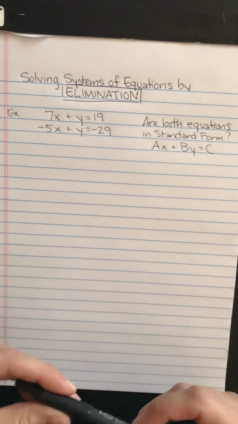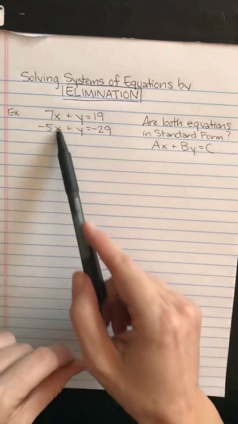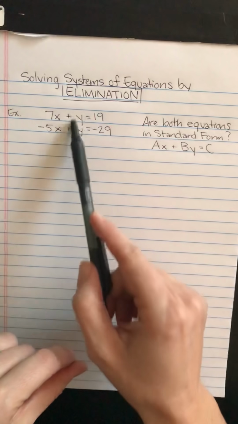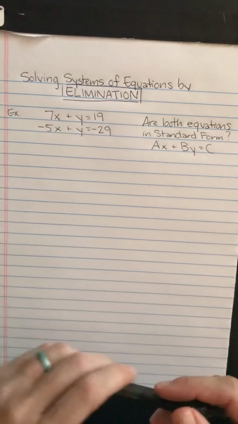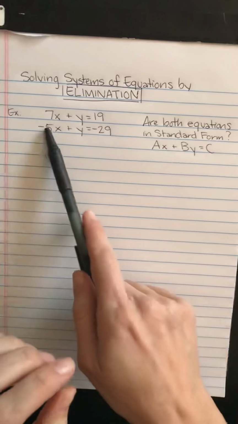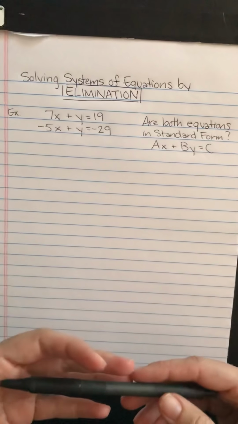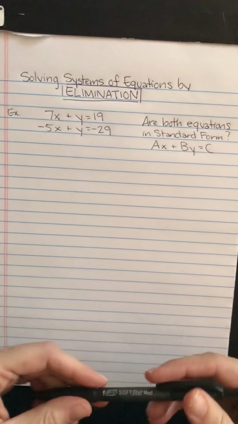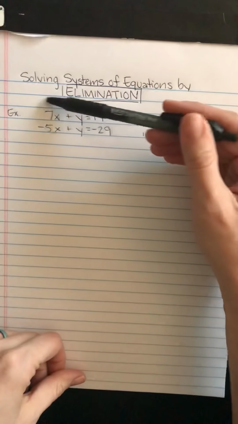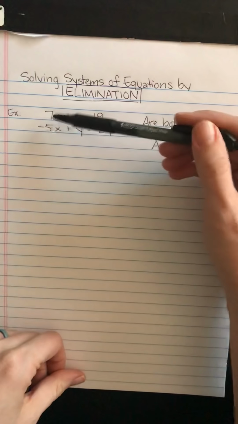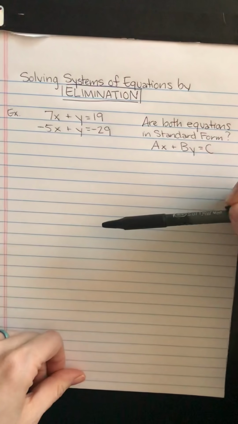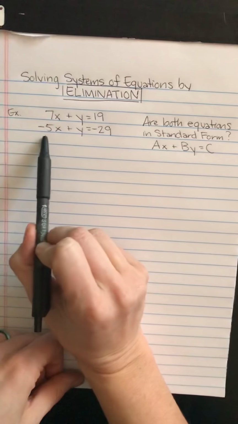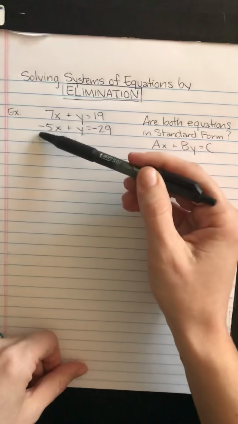So the first thing we're going to do is look at our x terms and our y terms, and see if either of these have the same coefficients or opposite coefficients. Right here, if we look at our x terms, we have a coefficient of 7 and a coefficient of -5.